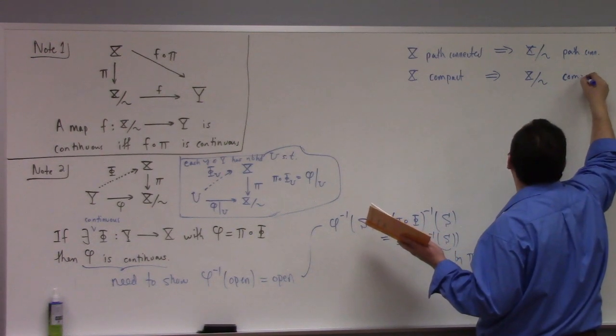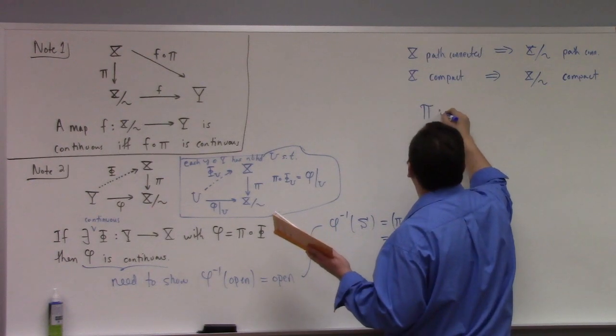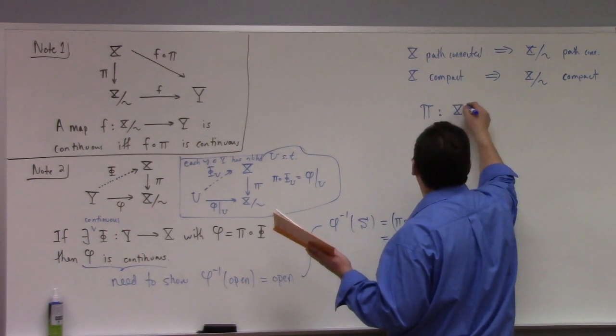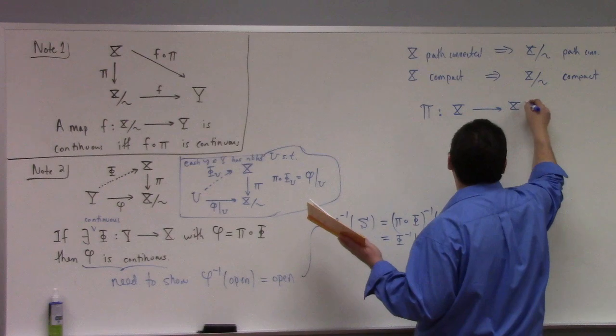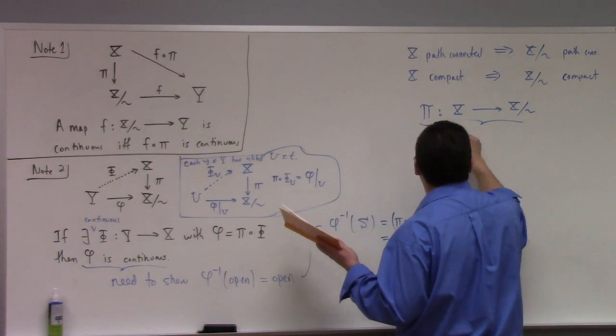Why is that? Because pi is the mapping from X to the quotient space, and this is continuous, right?